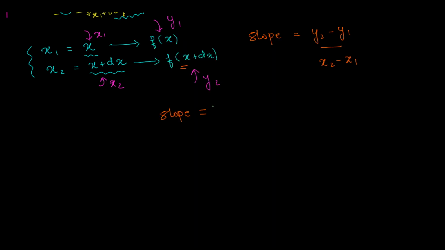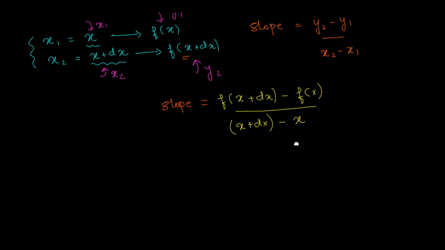If I do that, it's going to be f of x plus dx, that is my y2 basically, minus f of x, that is y2 minus y1, divided by x2 minus x1. What is x2? x2 is x plus dx. This is x2 minus x1. x1 is basically x right there.